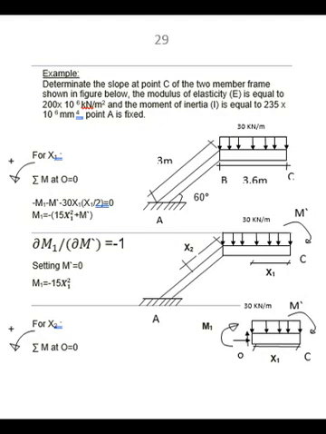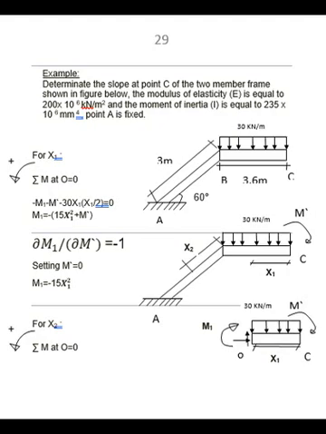For x1, we will take counterclockwise as positive, sigma M at O equal to 0. So the equation will be minus M minus M dash minus the uniform load 30 x1, the distance, times x1 over 2.